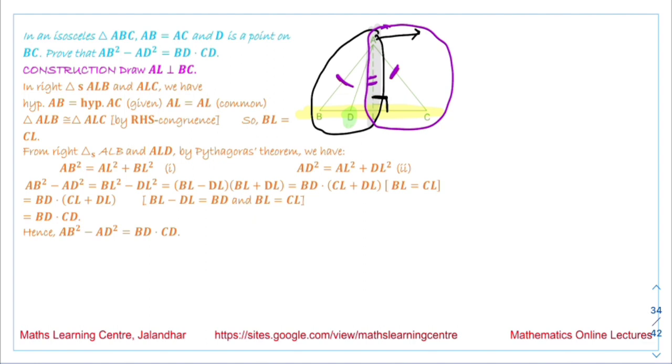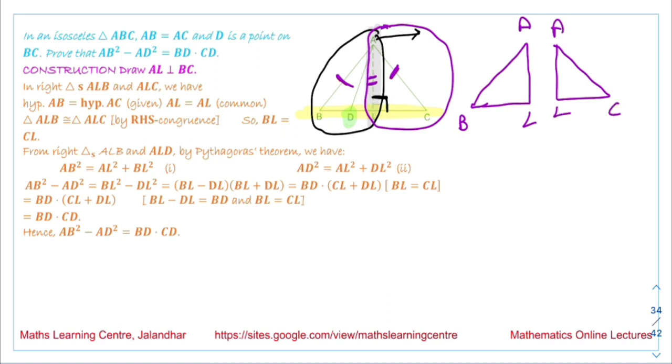So both these triangles, BLA and ALC, are congruent to each other. Since these two triangles are congruent, BL and CL are equal to each other.